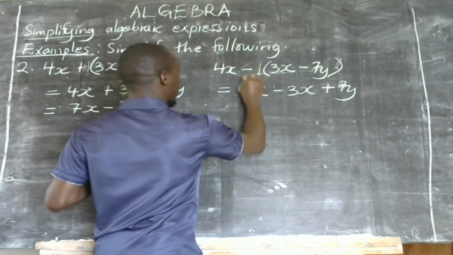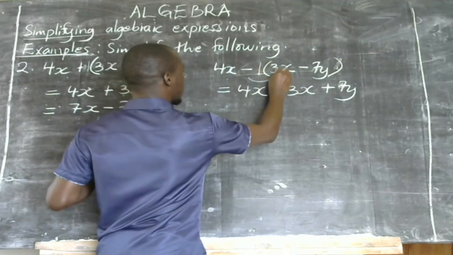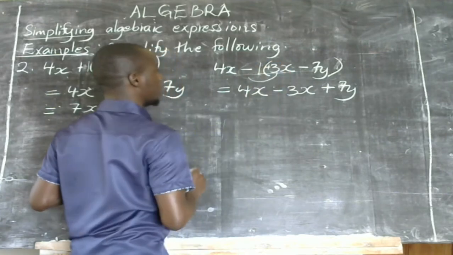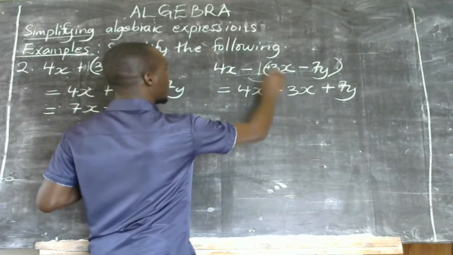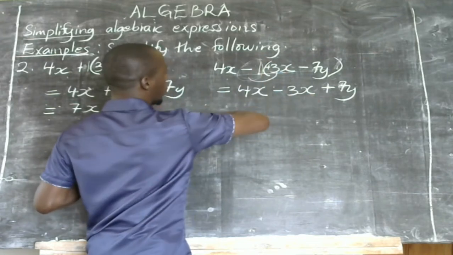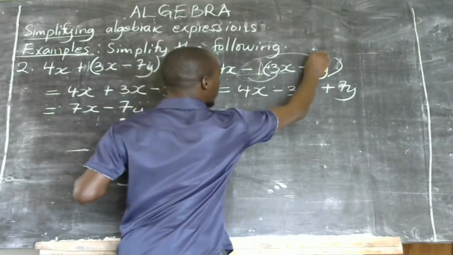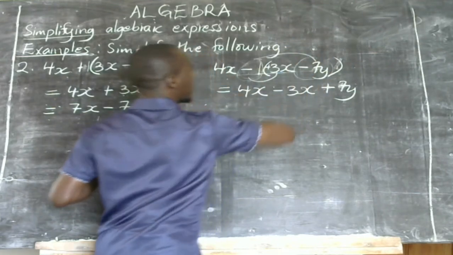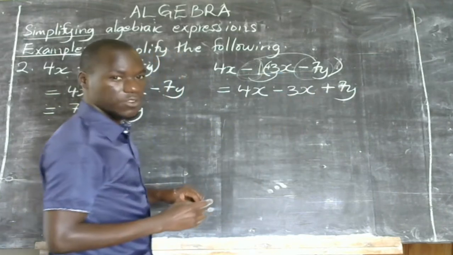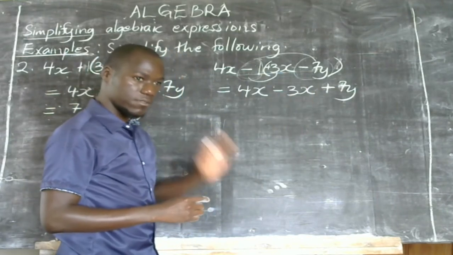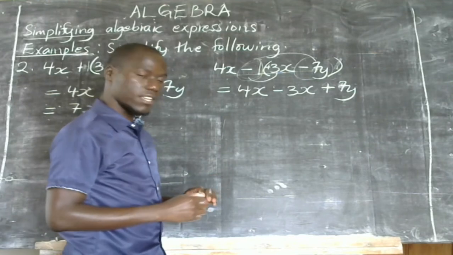Because a negative 1 is multiplying a positive 3x to get a negative 3x. Then a negative 1 is multiplying negative 7y to get a positive. Recall, positive times negative, you get a negative.